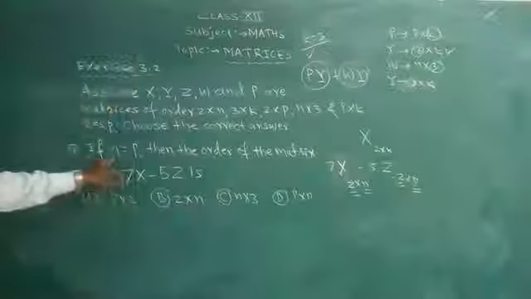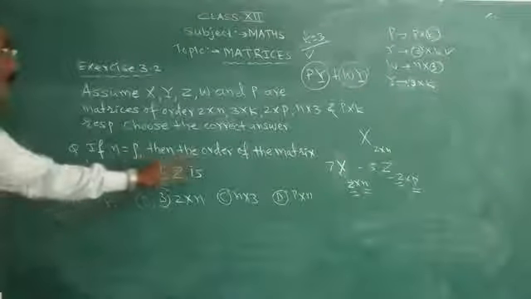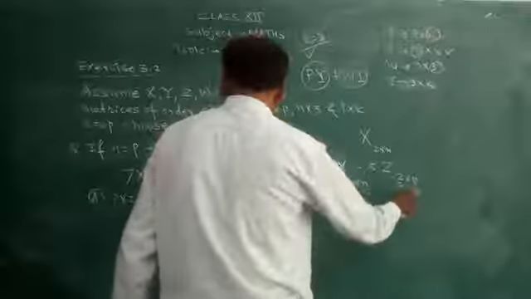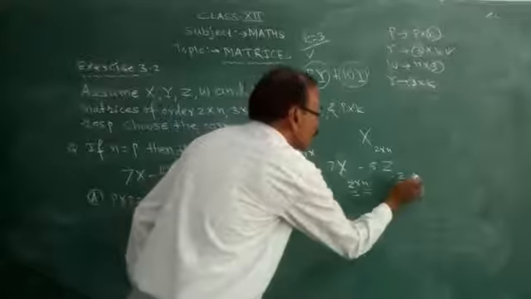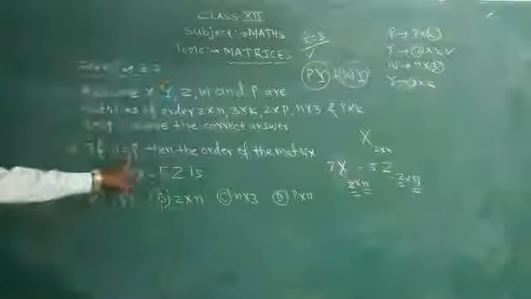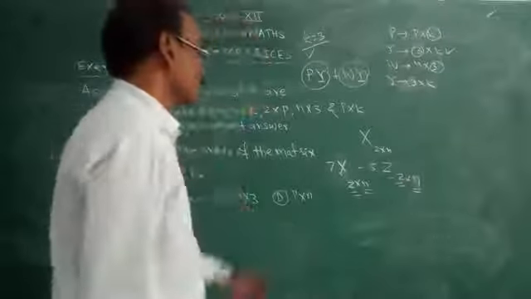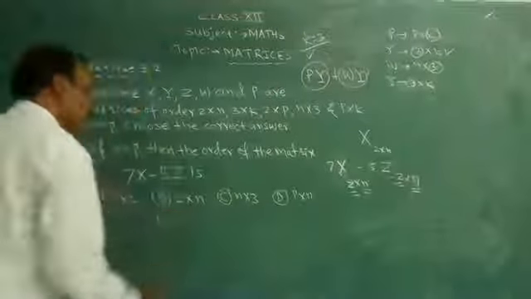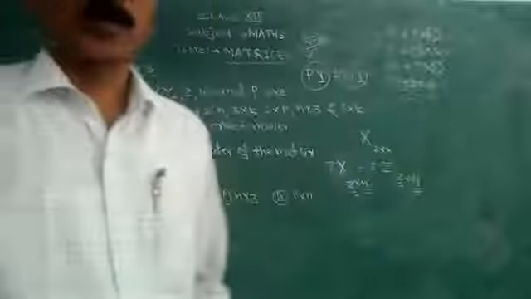He asked us: if N is equal to P, that is given. Then what is the order of this subtraction? It is 2 by P. Since N is equal to P, I am putting N instead of P, so 2 by N and 2 by N. So definitely the order of the subtraction will be 2 by N. Okay, thank you. You do the practice of other examples.